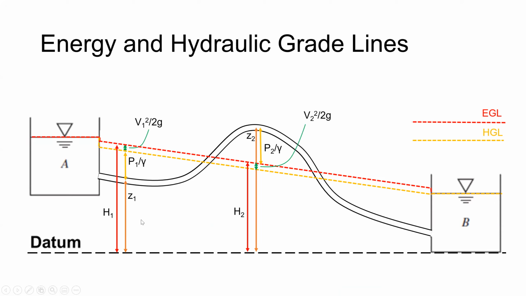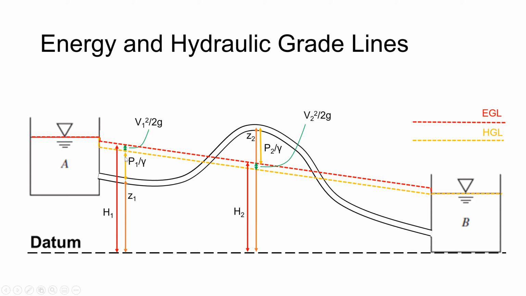Here's a different system. And we're just going to evaluate the different components of head as we move through. So same kind of setup, one reservoir, another. In this case, the pipe goes over a hill to get from one reservoir to the other. So here's our hydraulic grade line in yellow, and it's the summation of Z and our pressure head that gets us up to the hydraulic grade line.